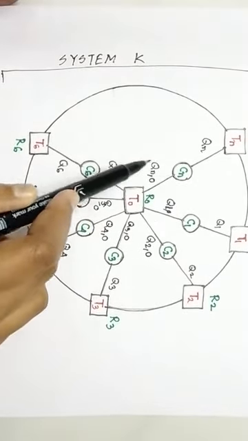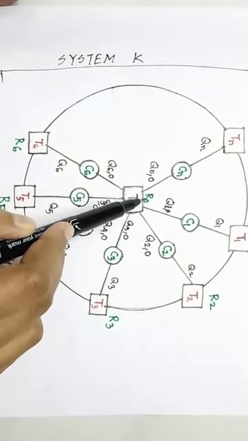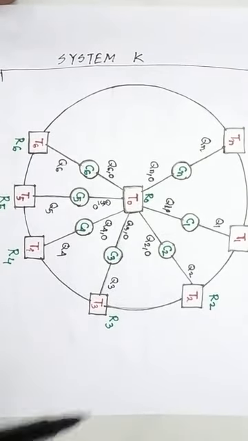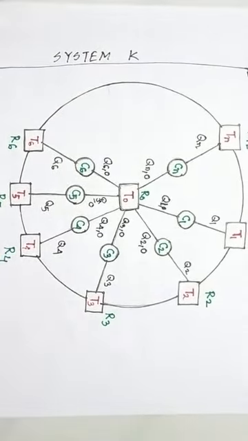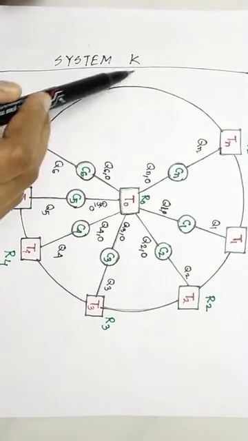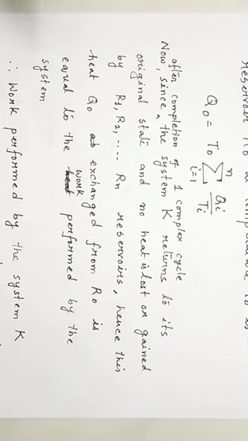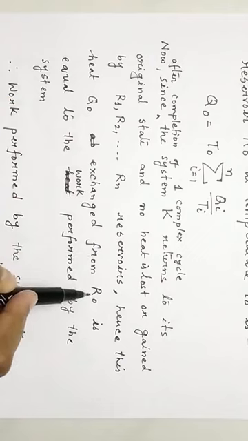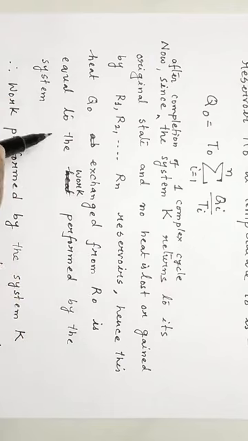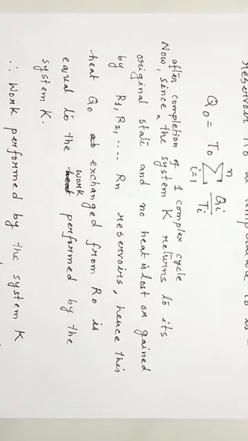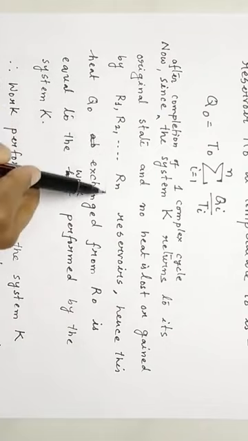So we have only these heats exchanged from R0 and some work performed by these n Carnot engines, or you can say by this whole system K. So for this whole system K, which is comprised of the n Carnot engines, there is only Q0 amount of heat exchanged from the reservoir R0, and it is equal to the work performed by this system K, because no heat is lost or gained by the individual Ri reservoirs.